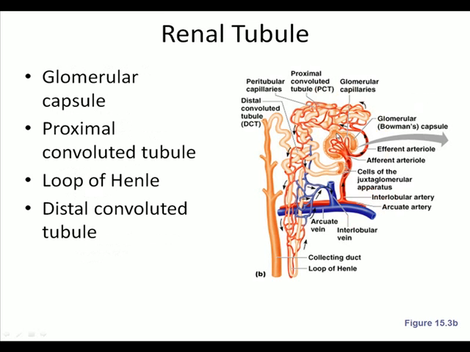So the things that have left the blood there, all the small stuff, some water, is in this glomerular capsule, a little capsule around those blood vessels, and it can flow from there into a tube called the proximal convoluted tubule. All of this is happening in the cortex, the outer layer of the kidney.